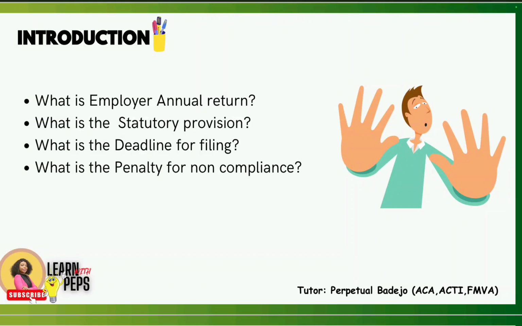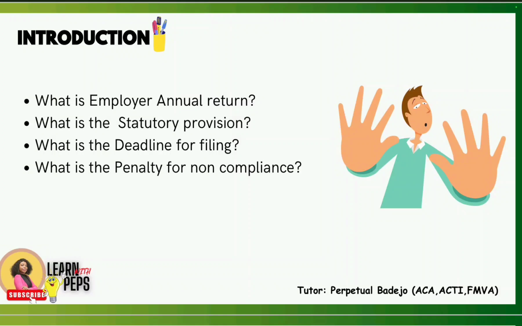Then the third thing is, what is the deadline for filing? The deadline for filing of the monthly PAYE is quite different from the deadline for filing of this annual Form H1. The deadline for filing of the monthly PAYE, just for the sake of mention, is the 10th day of the next month following the day in which the PAYE was deducted. So the PAYE for January should be filed before the 10th of February.